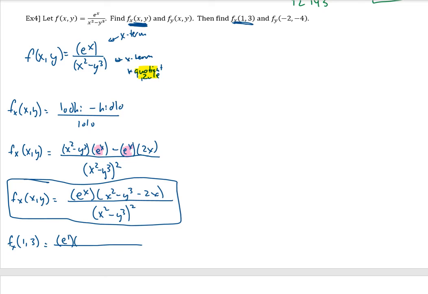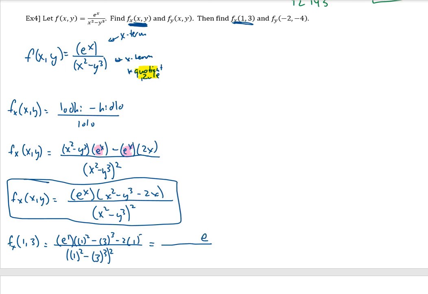So 1 squared minus 3 cubed minus 2 times 1 over 1 squared minus 3 cubed, and then all of that's squared. Okay, and then in our numerator, I have an e, so I'm going to keep it in terms of e. I'm just going to put it at the end, though, so e to the first, I'm just writing as e.